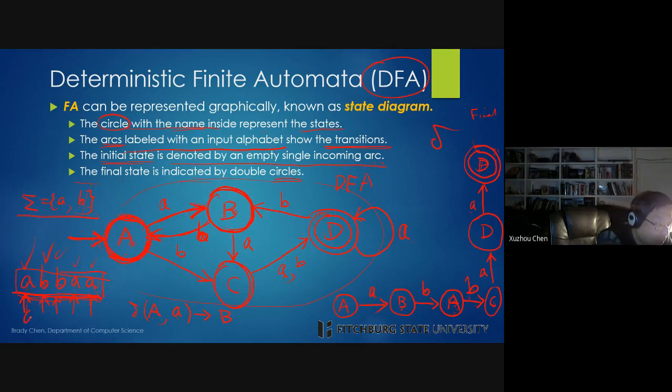Now what about A, B, B, A, B? It's still A, B, B, A, and the final one is B. If the final one is B and here's a D, if it's B, you're going to go back to B, right? Do you think this finite automata is going to accept this string?